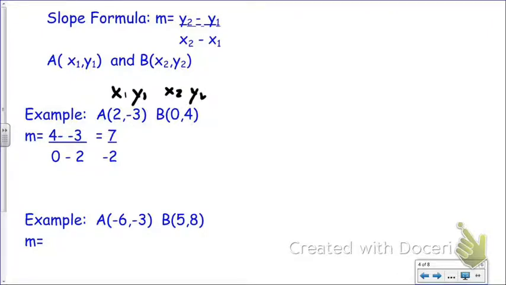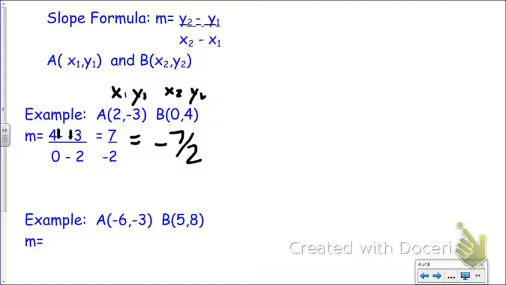When I put these into the formula, I went y2 minus y1, so 4 minus negative 3. On the bottom, I took x2 minus x1, so 0 minus 2. Remember, when you minus a negative, it becomes a plus, and so that's why the top was 7 and the bottom was negative 2. So you could also write that as negative 7/2.